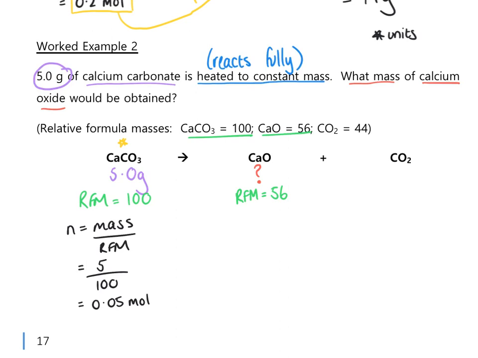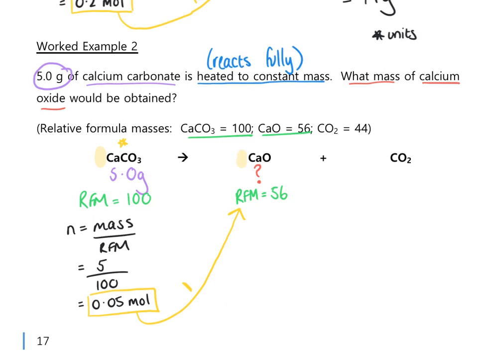Step number 4 is to bring that then over to the reactant or product that you're trying to work out the mass of. And again, I need to check my balancing number ratio. So I'm bringing it over to calcium oxide here. I'll draw my arrow first of all, and then I need to check my balancing number ratio. There's no number in front of calcium carbonate, so that's essentially a ratio of 1.